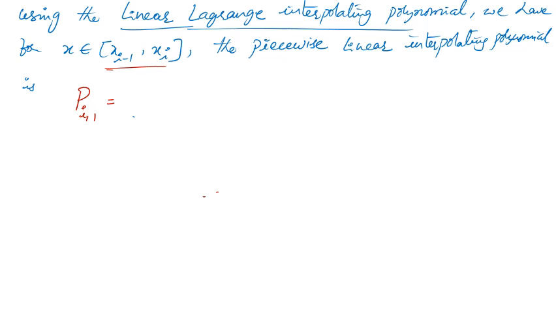What is the interval? xi minus 1 to xi. Then how to write the Lagrange interpolating polynomial for 2 points? Only for 2 points, xi minus 1 and xi. This is the subinterval.